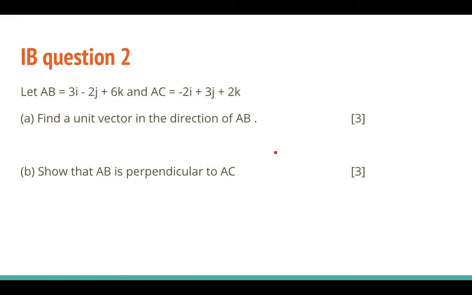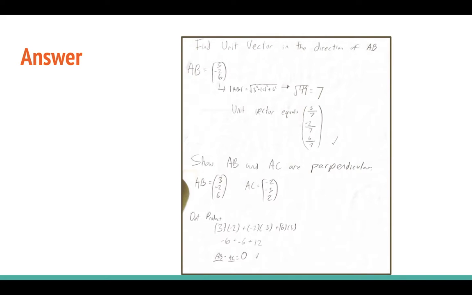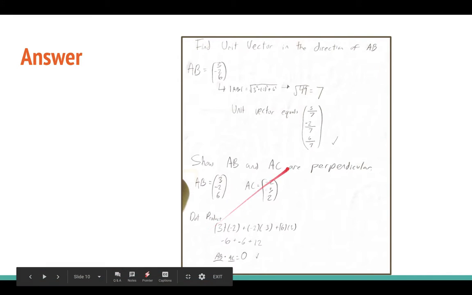And for the second problem, it says show. If we look at the math command terms, show that, you have to calculate the required results. So with that in mind, what we do is we find the dot products, and we again substitute the corresponding values into each one of the variables.